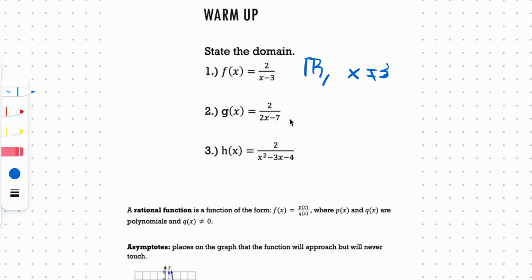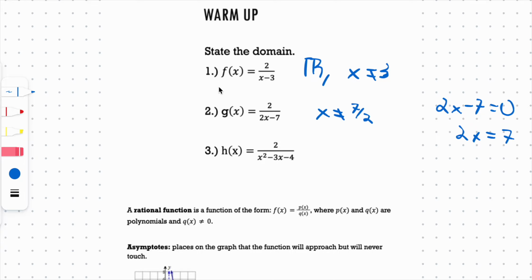Well, we just need to set this equal to 0, we move that 7 to the other side, and then we divide by 2, and we find out pretty easily that x cannot equal 7 over 2, or 3 halves.